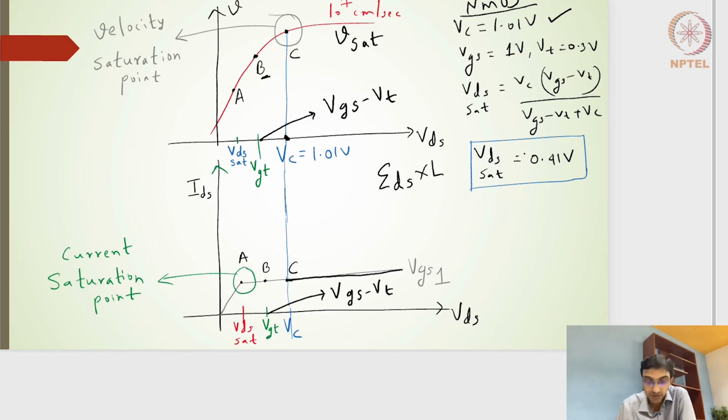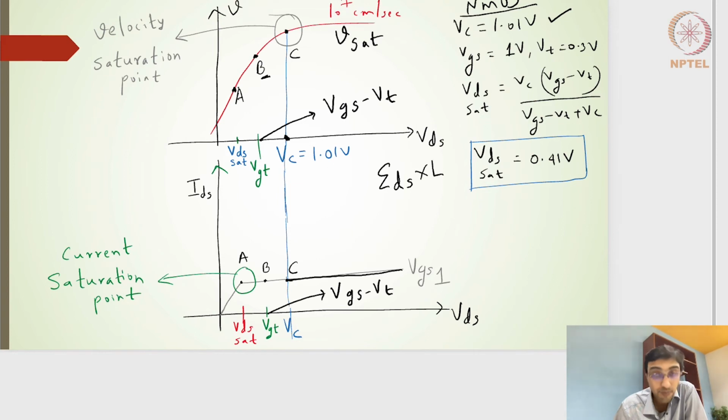Okay. So if I want to draw that particular point in our profile, VDS saturation, that is the point A here, VDS saturation is nothing but 0.41 volts, and if I take that particular point, the point A in the velocity profile represents the x-axis as 0.41 volts.